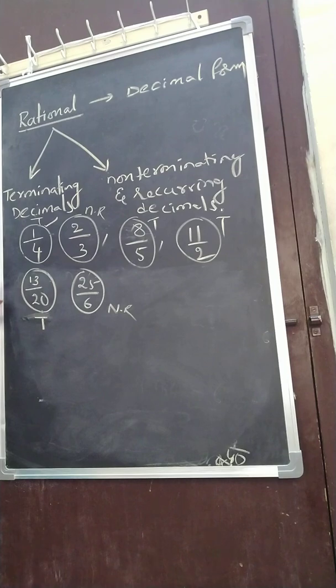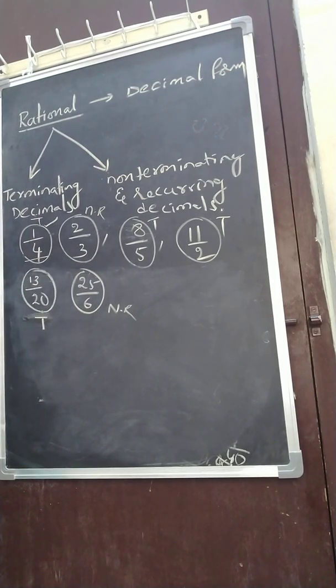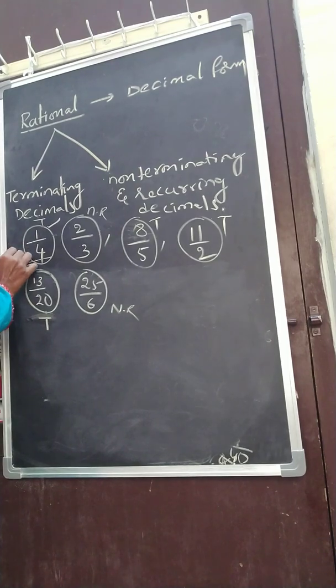Now we are identifying whether they are terminating or non-terminating by the long division method. But we can identify whether the given rational numbers are terminating or non-terminating without doing the division. Without actual division we can identify. So if we see the first one, there is a 4. 4 can be written as 2 into 2.